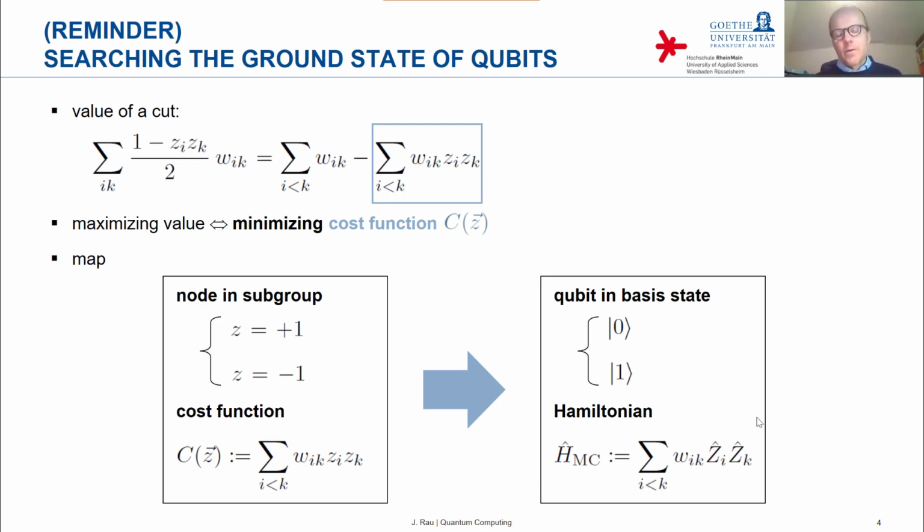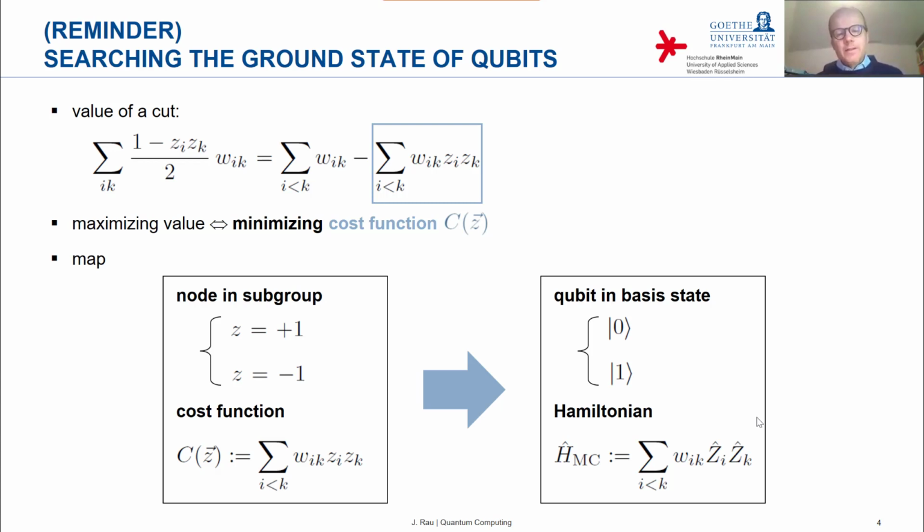And then we discussed the fact that the classical optimization problem amounts to the minimization of a certain cost function, which is a function of these variables z. And we discussed that we can map this cost function to a Hamiltonian of our qubits.